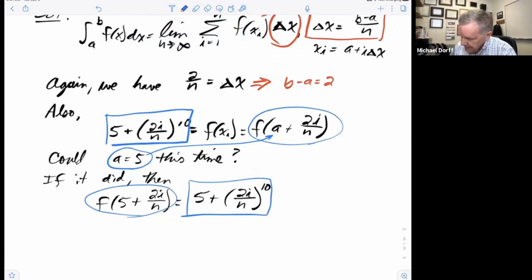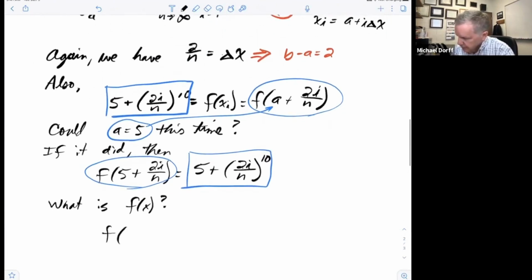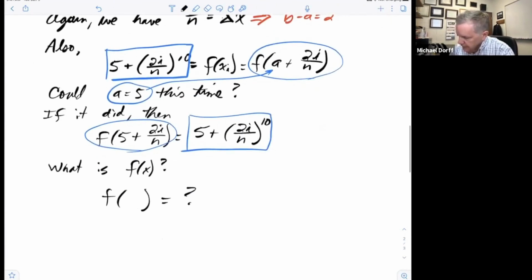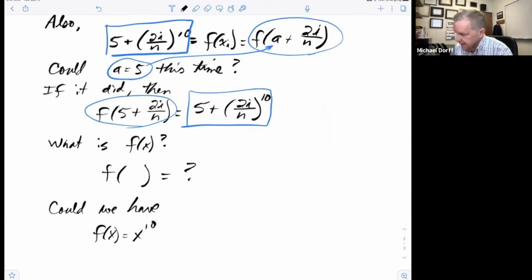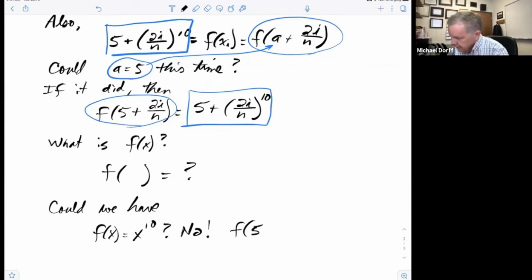All right. If I did that, then what is f of x in that case? Could we have f of x equal x to the 10th in this case? Well, no, we couldn't, because if we did, we'd have f of 5 plus 2i over n. If it was x to the 10th, then that would be 5 plus 2i over n, everything to the 10th.